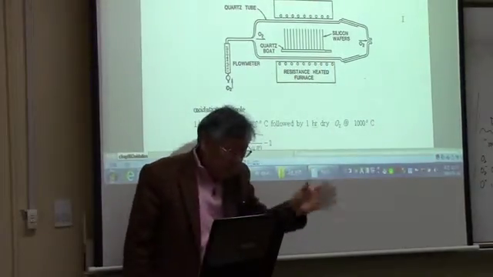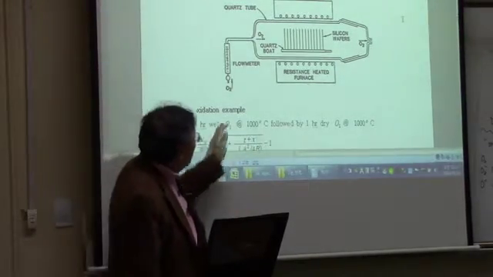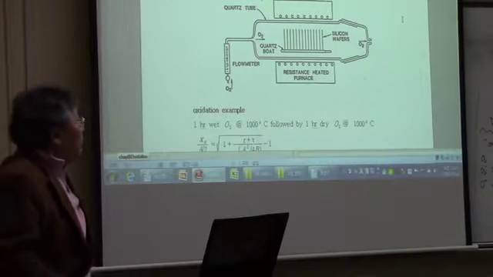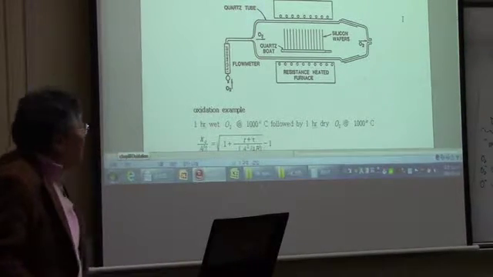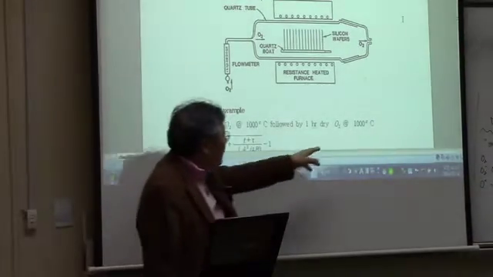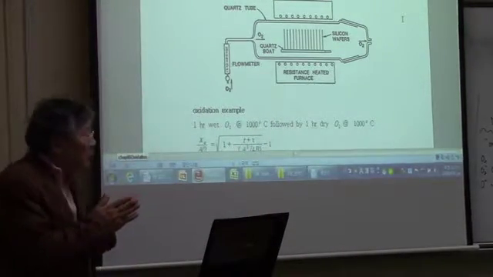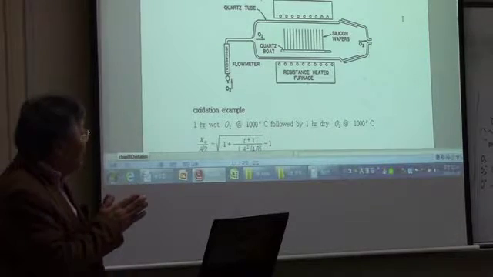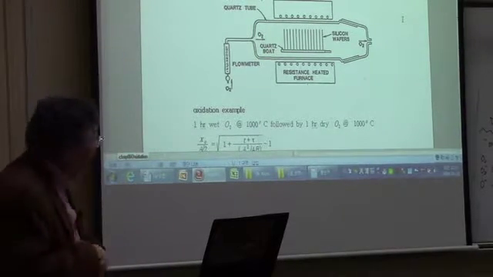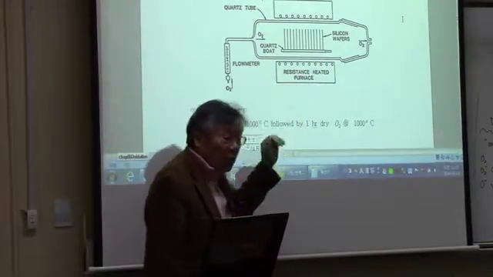You load the wafers vertically, and then you blow the oxygen, and you elevate the temperature to 1,000 degrees centigrade or so, and then you get a certain thickness of oxide on the silicon wafer, then you just take it out.